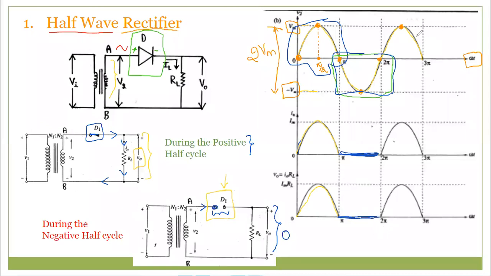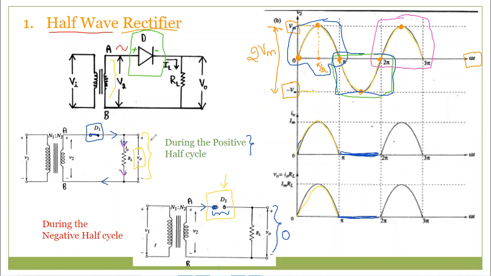Next, after 2 pi time, what happens? Once again the positive half cycle of the power supply will come, and at that time the diode will conduct once again. When the diode conducts, it is turned on, the circuit will look like this, and the current will flow through the load.